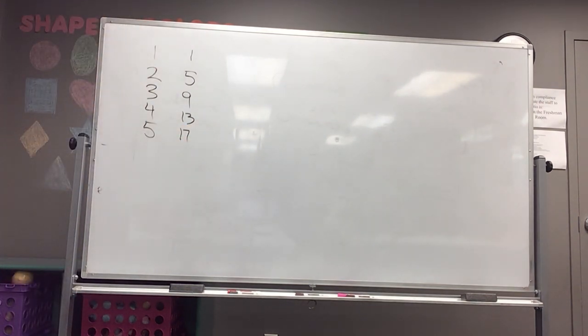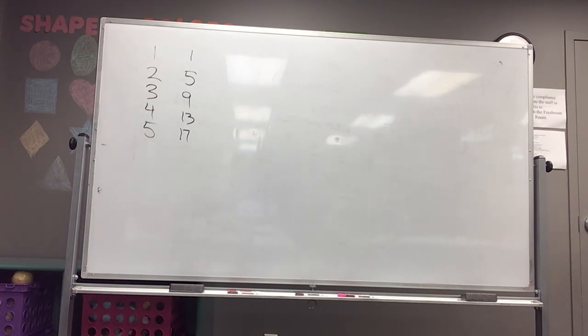And so they have 2n minus 1, 3n minus 2, 4n minus 3, 5n minus 4, 6n minus 5 as the general multiple choice answers, what we're talking about.